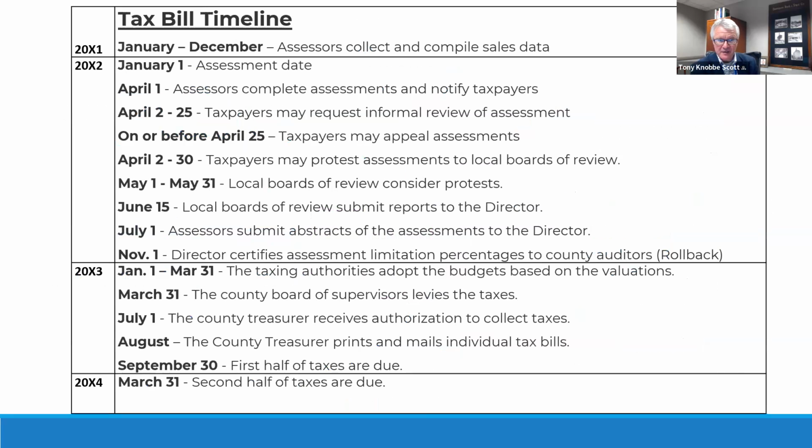So here's what the timeline looks like. And over this 4-year period, I want to kind of walk you through the different things that are happening. So in that first year, throughout the entire year, those assessors, and I say assessors because in Scott County we have 2.